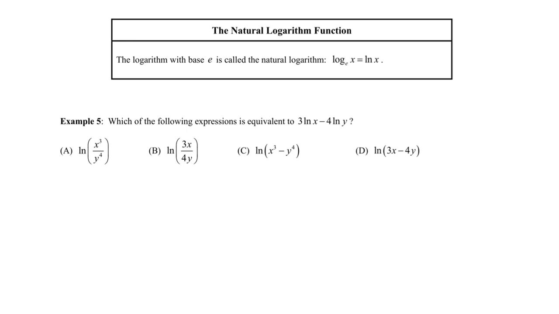So when we're doing any kind of expansion or condensing, it's done the same way, all right? So that's what we're going to do here in example 5. Example 5 is just a multiple choice question. We basically want to condense our 3 ln x minus 4 ln y, okay?